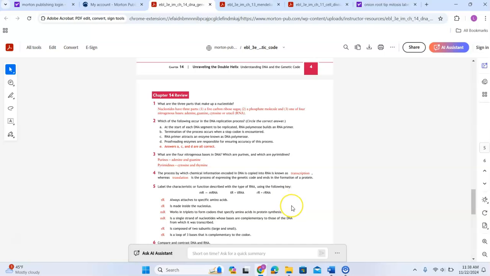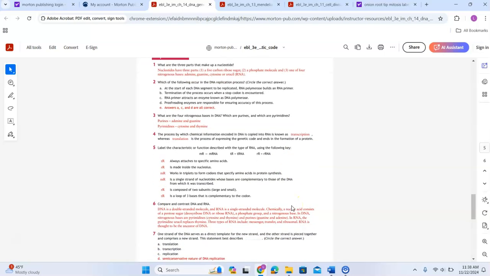Number 5, you pick one of the types of RNA, either mRNA, tRNA, or rRNA. mRNA stands for messenger RNA, tRNA stands for transfer RNA, and rRNA stands for ribosomal RNA. The one that always attaches to specific amino acids, in other words, it transfers amino acids to the ribosome, that is tRNA. The nucleolus makes ribosomal RNA or rRNA.